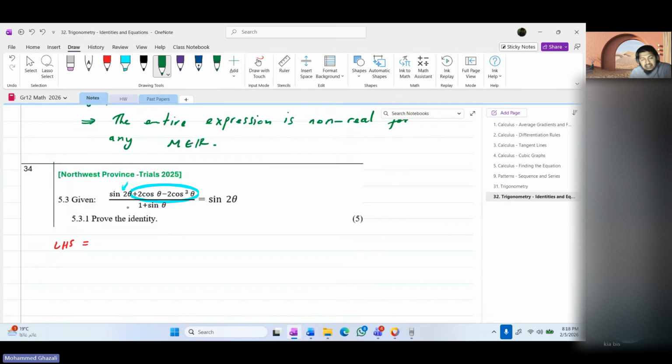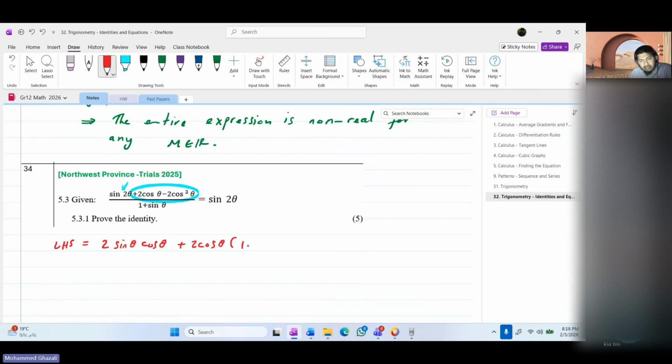But what they're saying here is that this whole thing must be equal to sine 2 theta. How? Okay, let's take out sine 2 theta. Let's expand that because it's a double angle. Sine 2 theta is 2 sine theta cos theta plus, for the second two terms on the numerator, we're going to factorize.